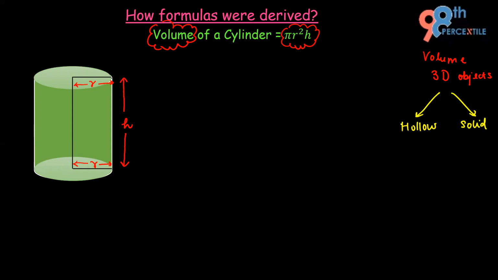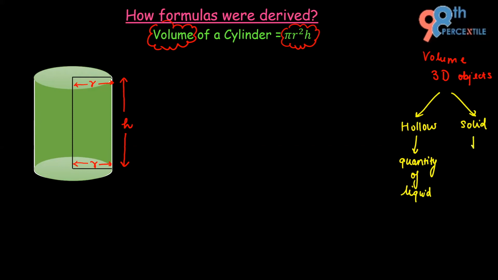You can fill the glass with water, milk or any liquid. So in the case of hollow objects, you can interpret volume as the quantity of liquid that can be filled inside that object.